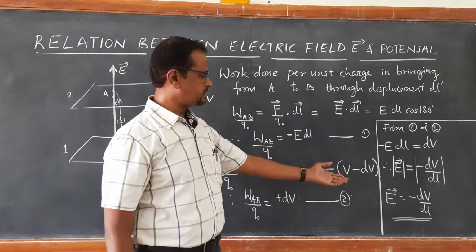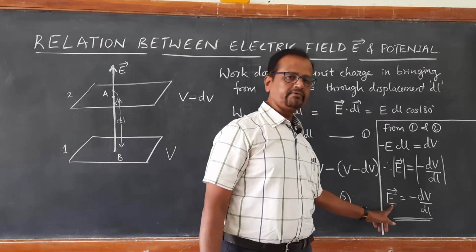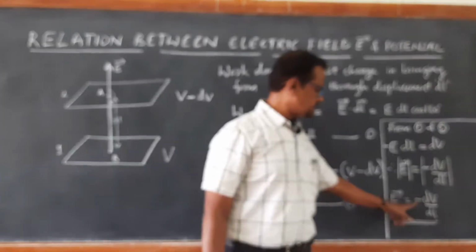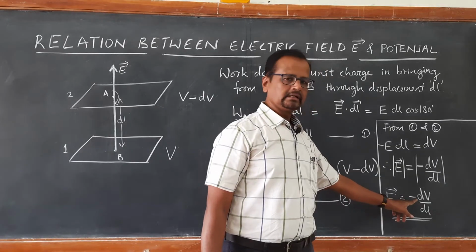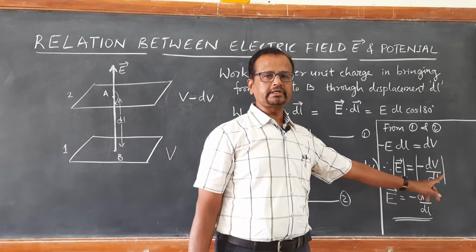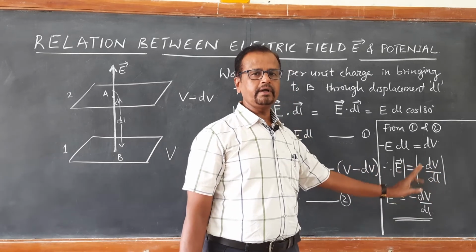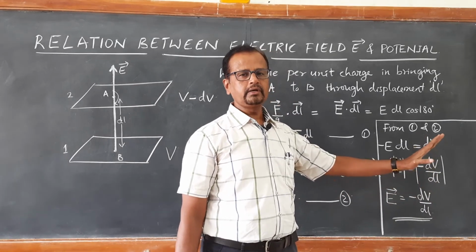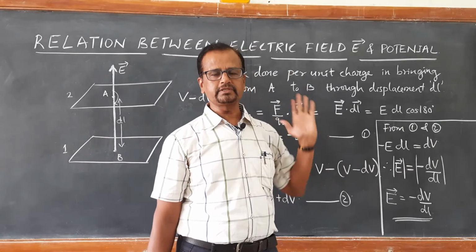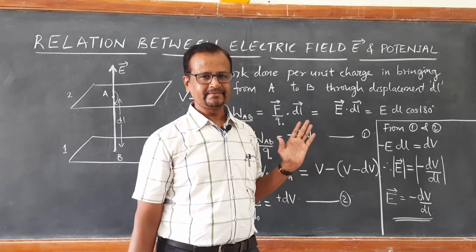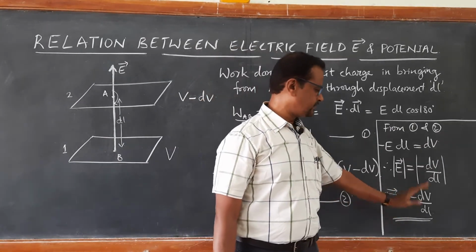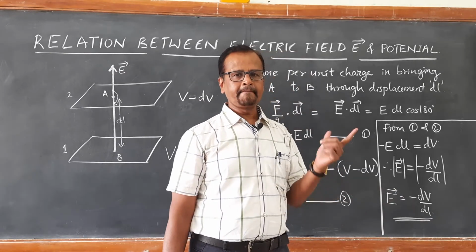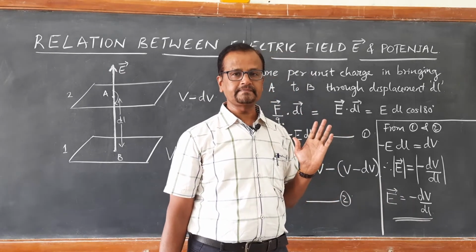So, we can say that the magnitude of electric field is the change of potential per unit displacement normal to the equipotential surface, or electric field is also defined as negative potential gradient.